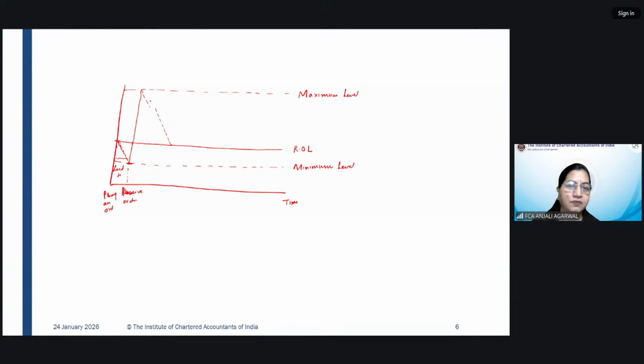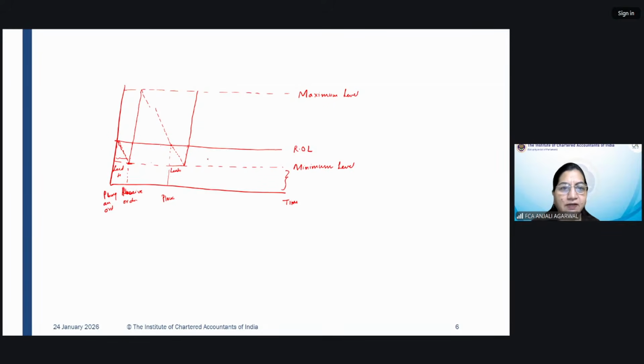And then you start consuming from here. It keeps on falling. Again, you reach a reorder level. And at this point, again, you place an order. But until the order is received, your consumption is from here. So this is your minimum point. Once again, this becomes the lead time. Assuming you receive your order again you move to the maximum level.